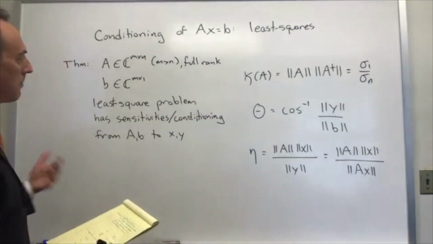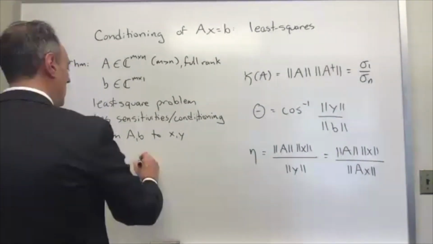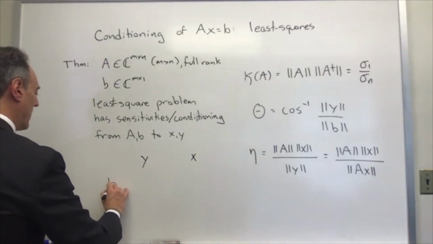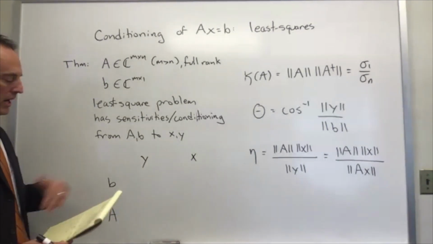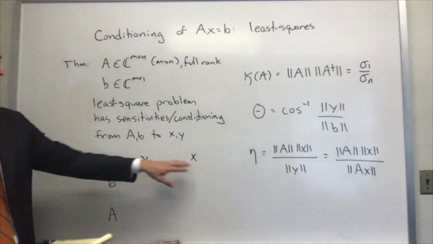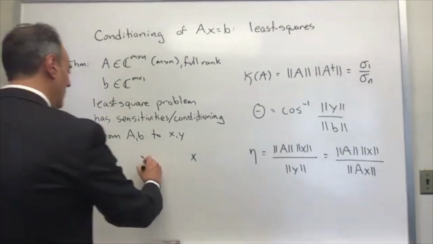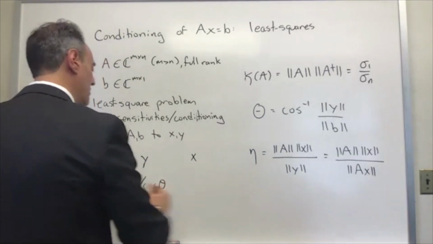So the way he puts this together is actually kind of nice, kind of clever, which is I'm going to look at my outputs, which are X and Y, as a function of my inputs, which are B and A. And so what I want to start to understand is if I perturb these two, what is the impact on these two? And I'm going to make a little graph here, or a little table.